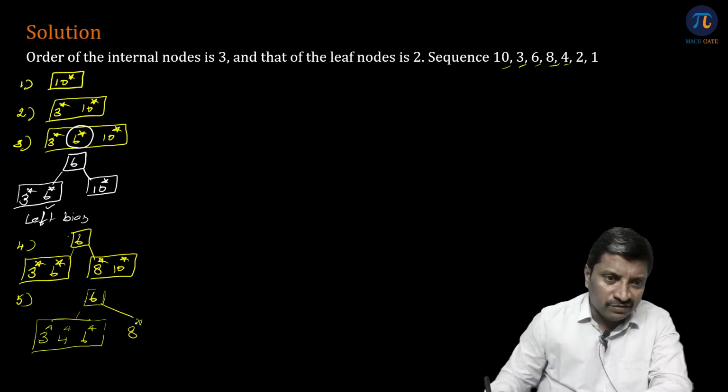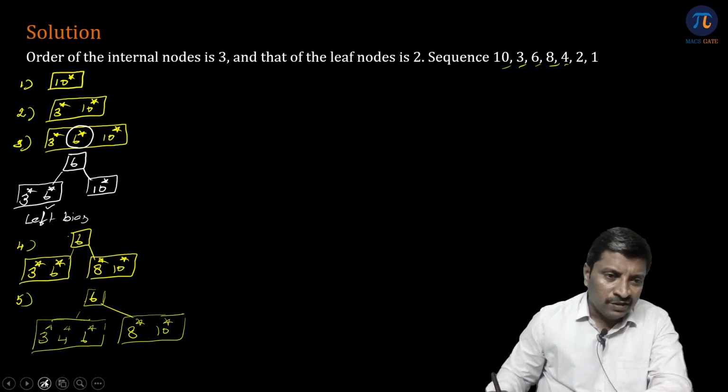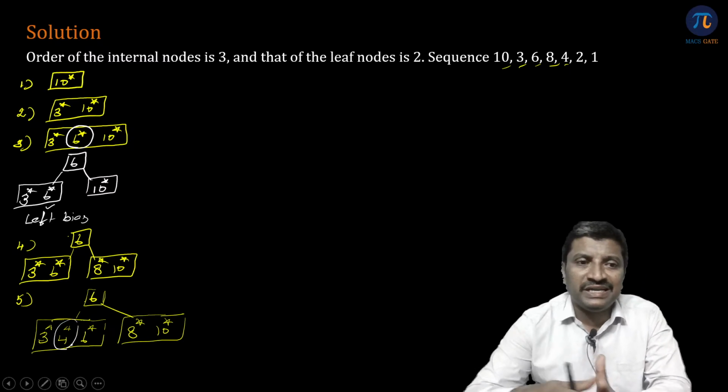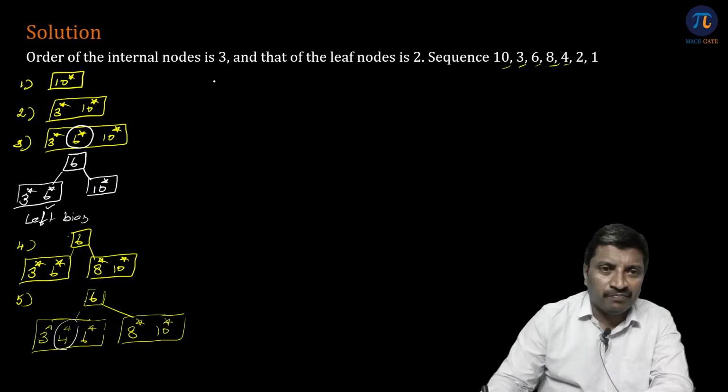To the right of it, 8*, 10*. The left leaf is having more values. Move this value to the next level. Then it will be 4, 6.